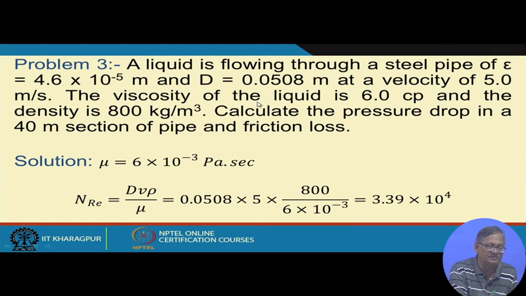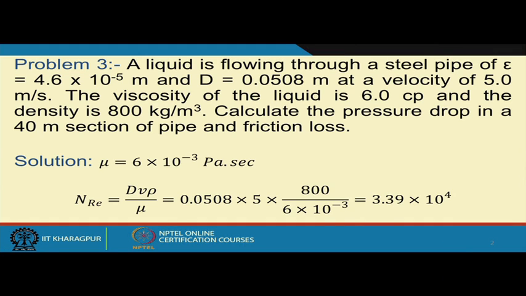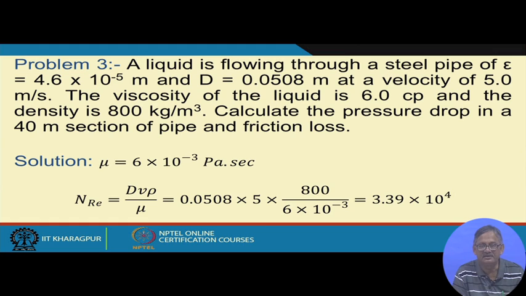The viscosity of the liquid is 6 centipoise and the density is 800 kg per meter cube. So, calculate the pressure drop in a 40 meter section of pipe and the frictional loss, right. Frictional loss means the frictional head, how much frictional loss happened. If you can find that out, you can see from the Moody's chart, this is very helpful.